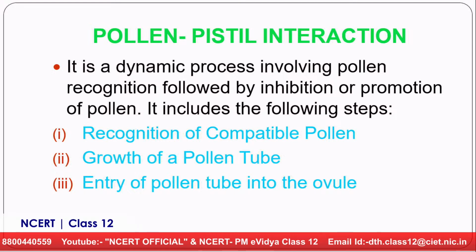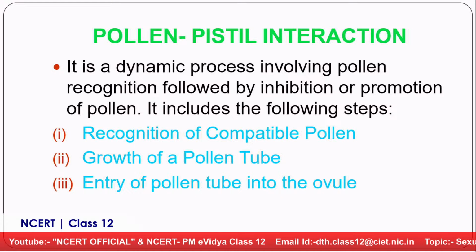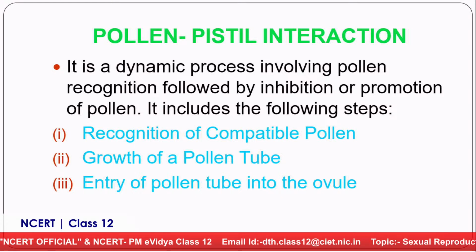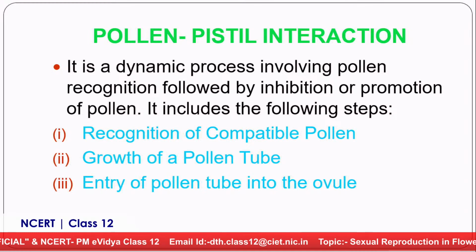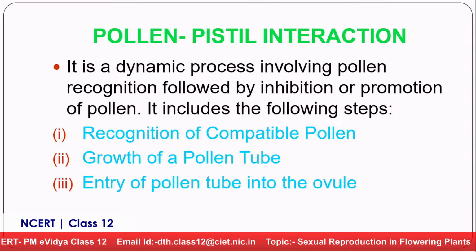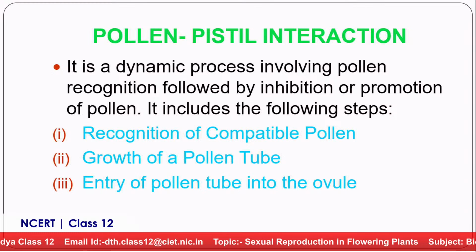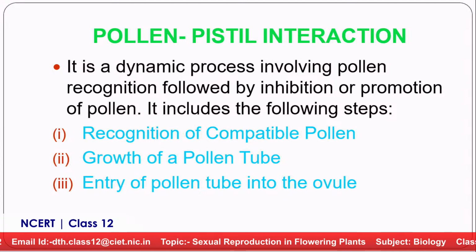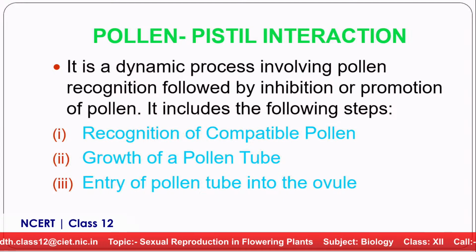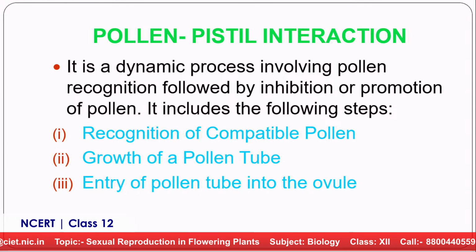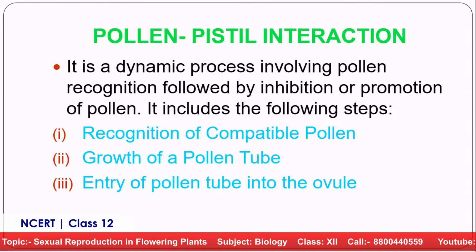Inhibition or promotion means whether the stigma allows the pollen grain to form a pollen tube and enter into the style or not. So inhibition is if it doesn't allow. Promotion of the pollen means when it allows the pollen to form a pollen tube and travel through the style.